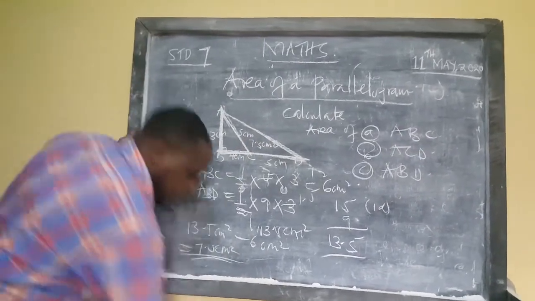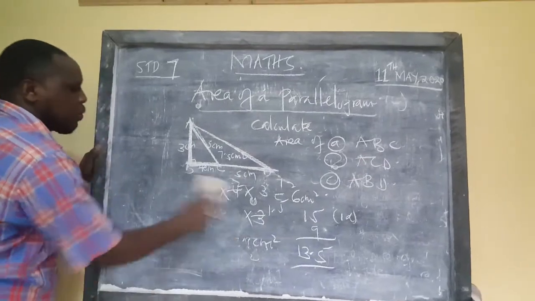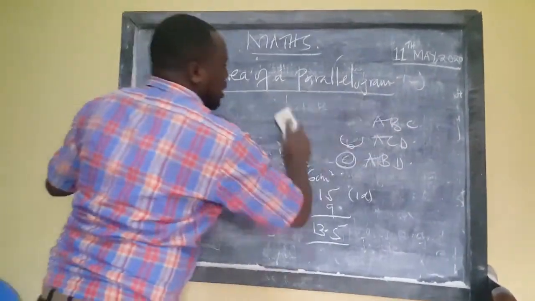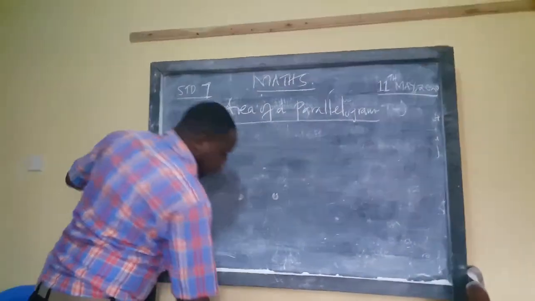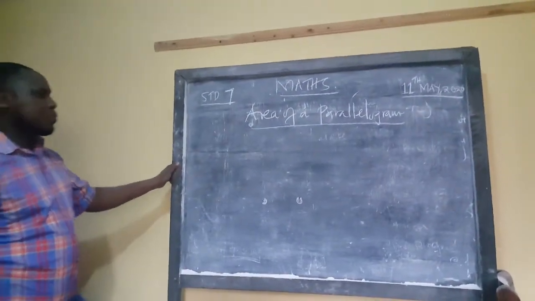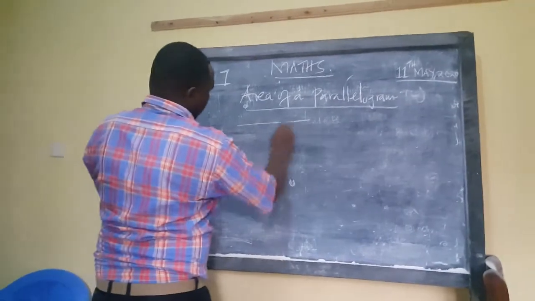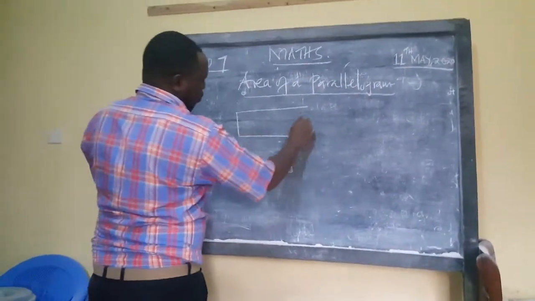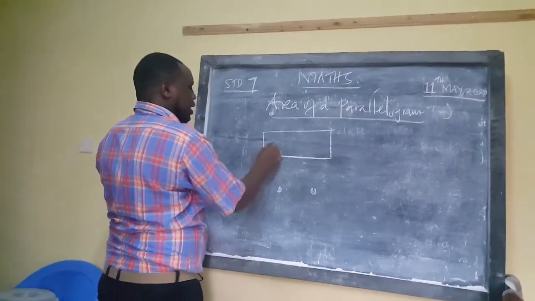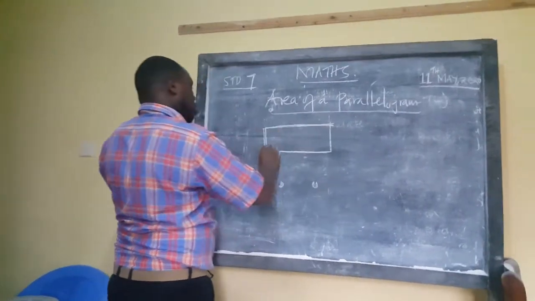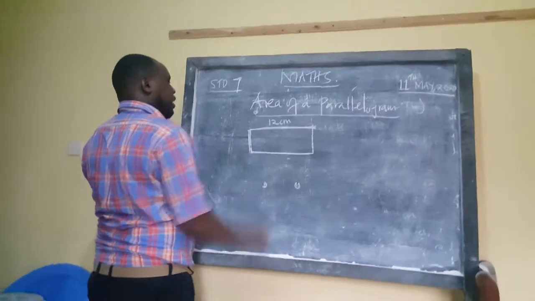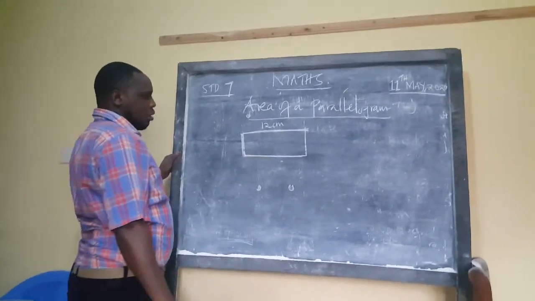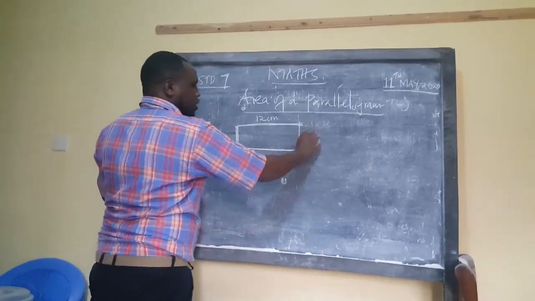So after that, learner, we move to our topic of today, that is calculating the area of a parallelogram. Now a parallelogram is gotten from a rectangle. We have a rectangle like that. Let's assume we have a rectangle whose length is 12 centimeters and the height is 4 centimeters.